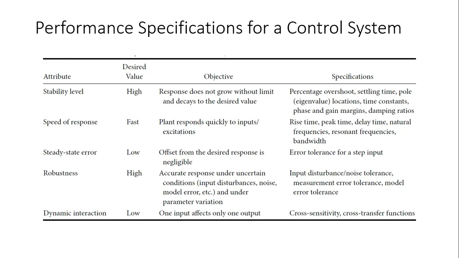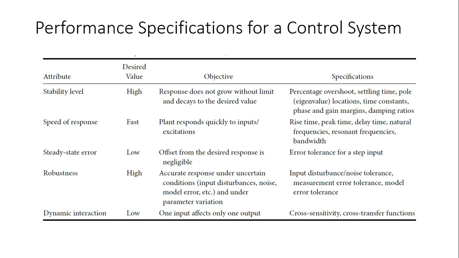Next comes the performance specifications of a control system. Here there are attributes, then desired values, objective and specification. So the stability level will be high. The objective is a response that does not grow without limit or decays to the desired value.